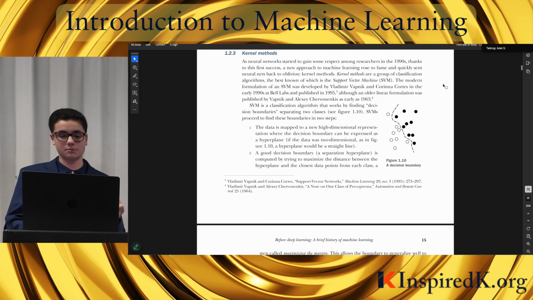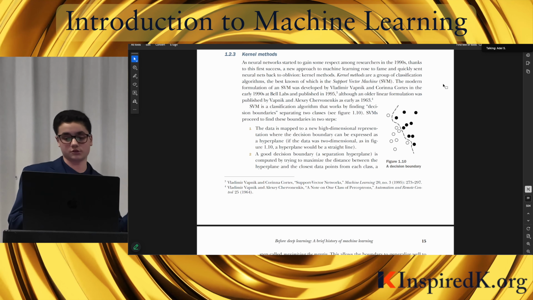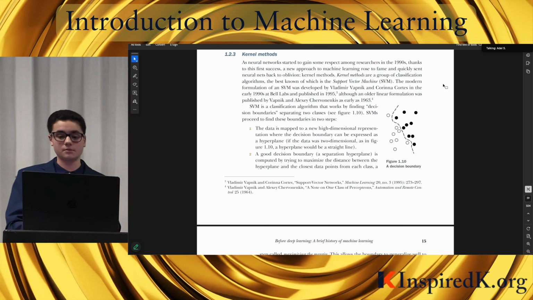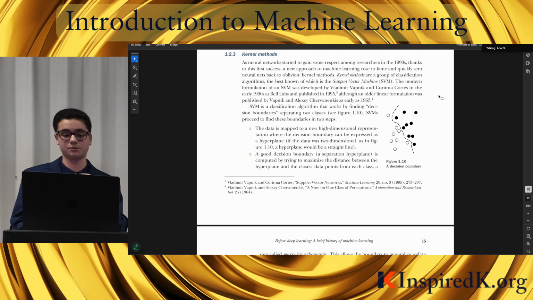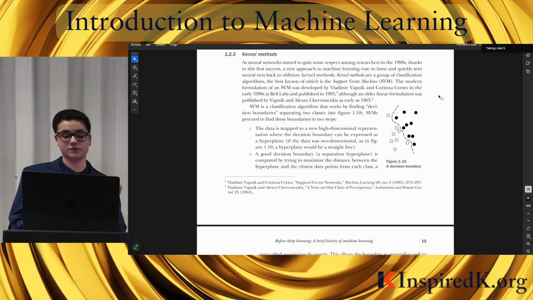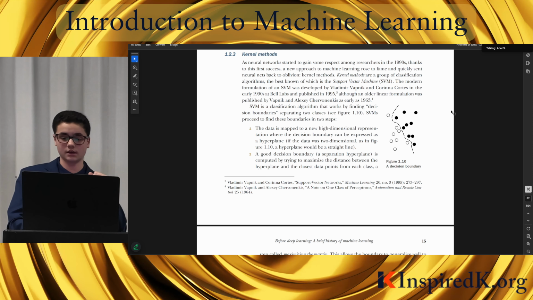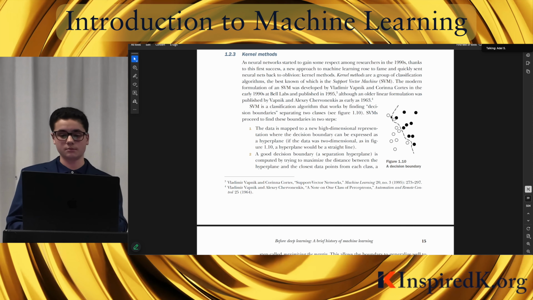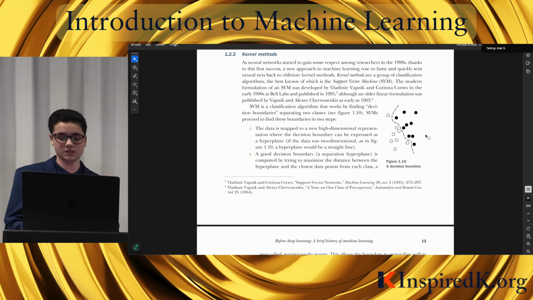A different method before neural networks, called kernel methods, eventually made neural networks go away for quite a time, because they were so revolutionary, and more specifically, the support vector machine was extremely revolutionary as well. This works by finding a nonlinear boundary between different data points that are inputted in order to perform the classification task.